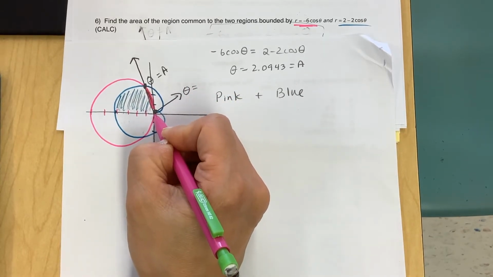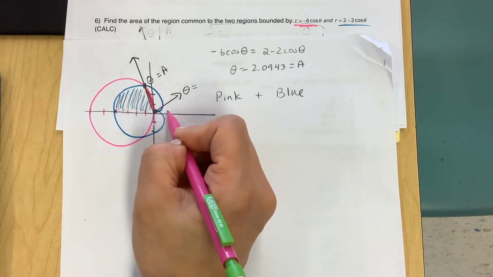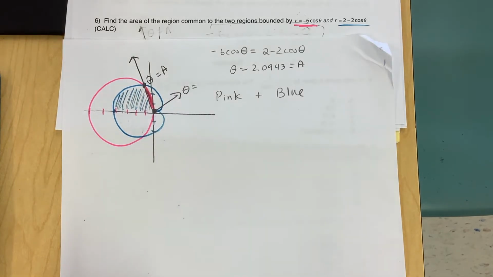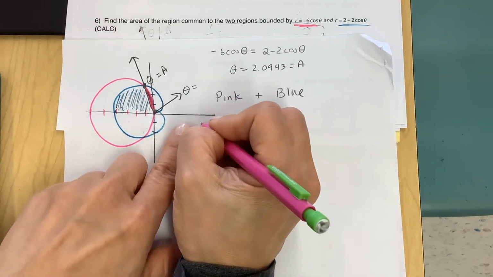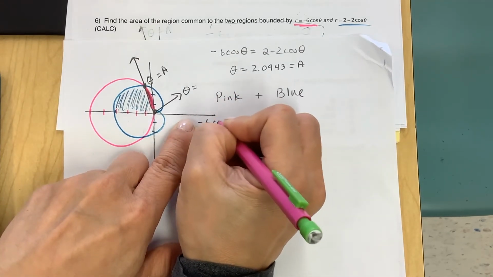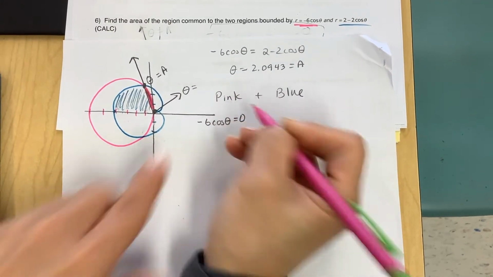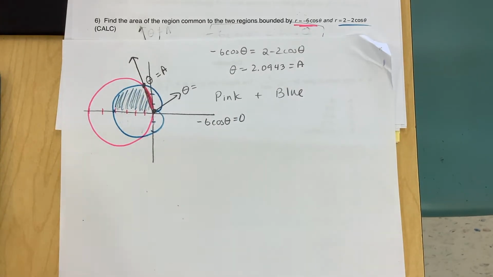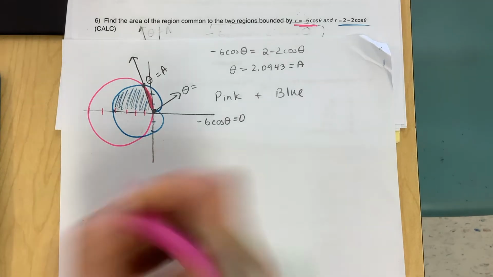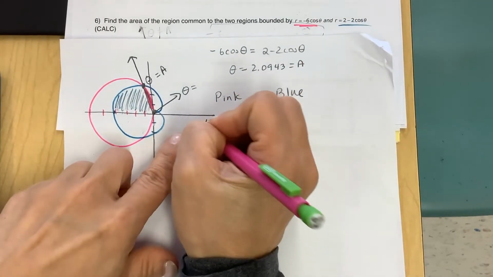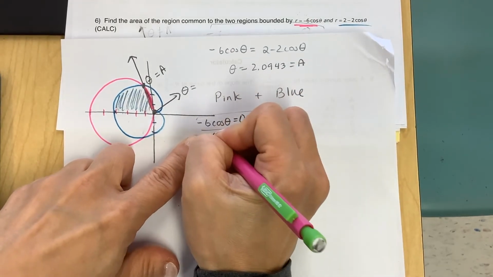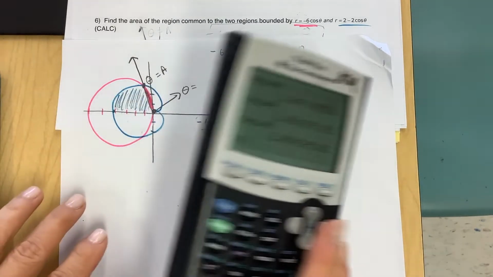You can have r equals 0 when theta equals 0, theta equals pi, etc. So I would double check what that angle is. So really you're trying to figure out when this is equal to 0. Now hopefully we can solve that pretty easily if you know your unit circle. If you don't, you can go ahead and again do an intersection feature on your calculator. Or let's look at the graph and see what happens.